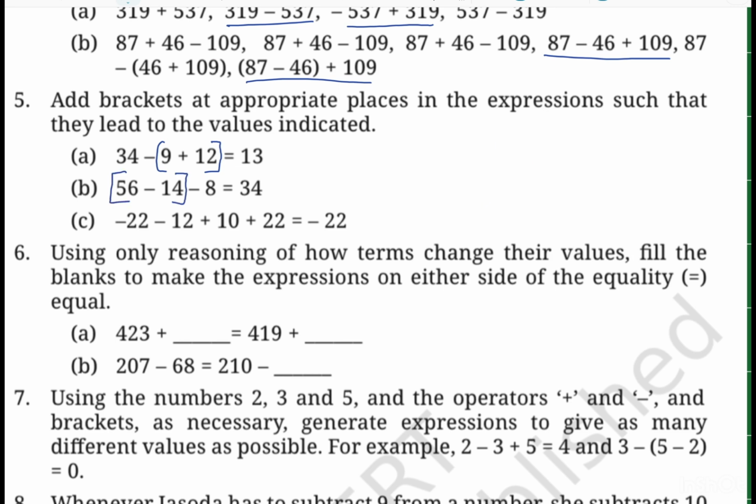Minus 22 minus 12 plus 10 plus 22 is equal to minus 22. We can see that 12 plus 10 is 22. So minus 22 minus 12 plus 10 plus 22.